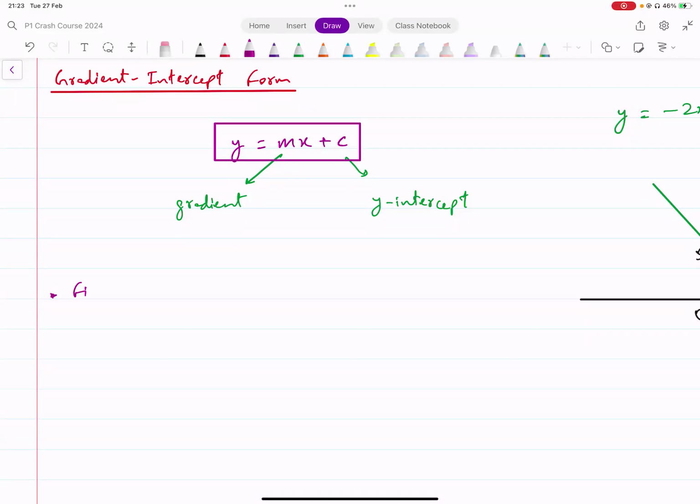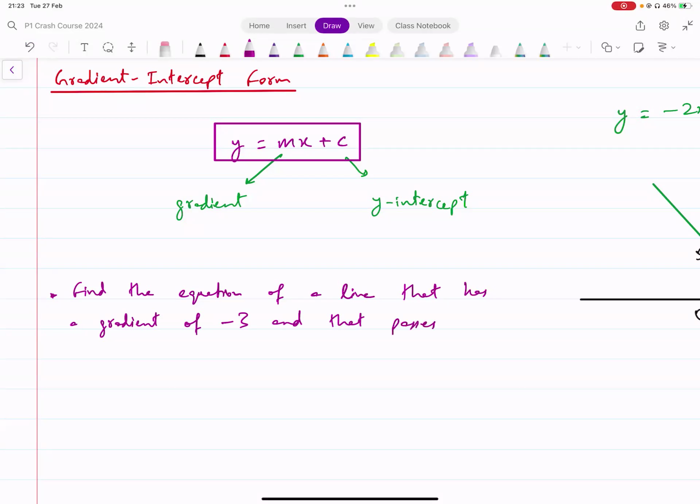Let's say we had to find the equation of a line that has a gradient of -3 and that has a y-intercept of 5, for instance.